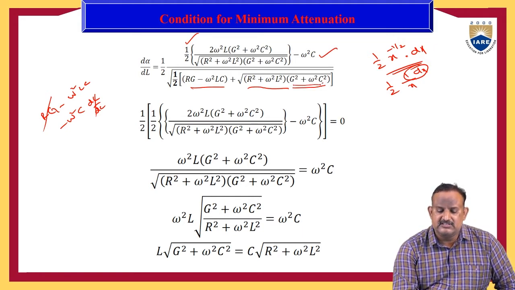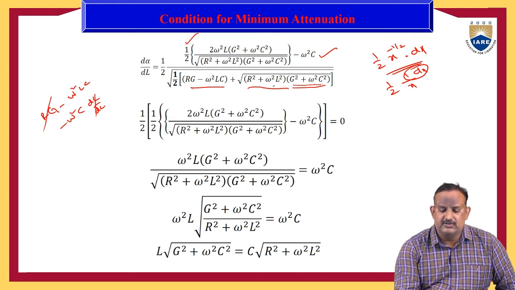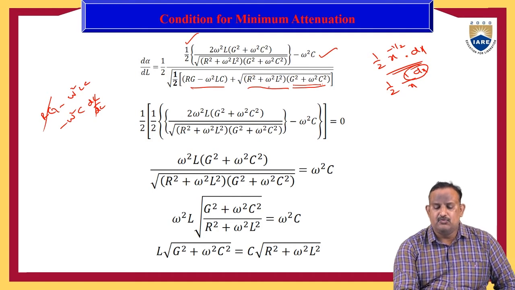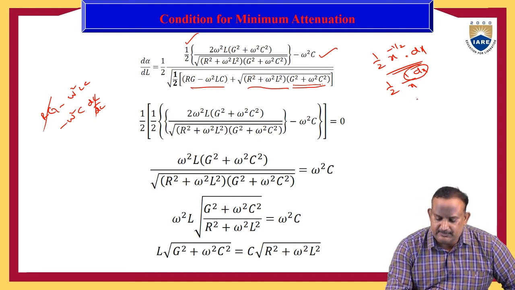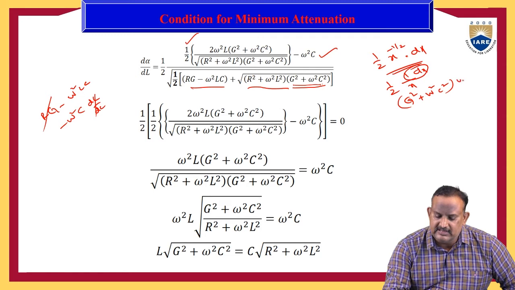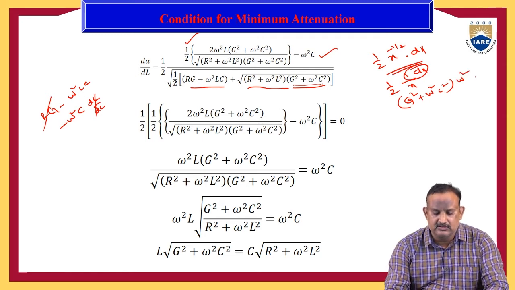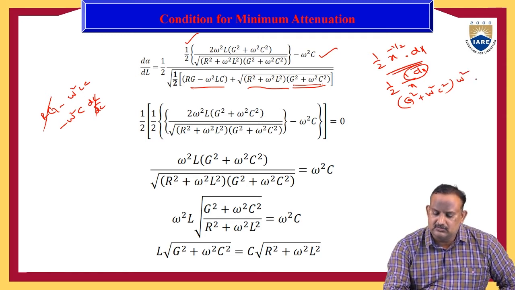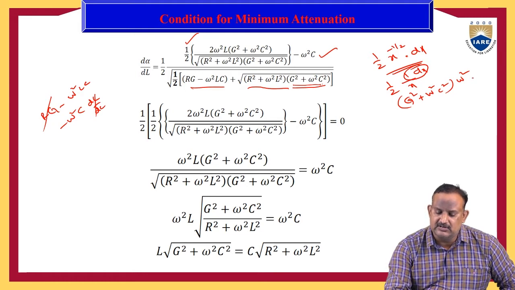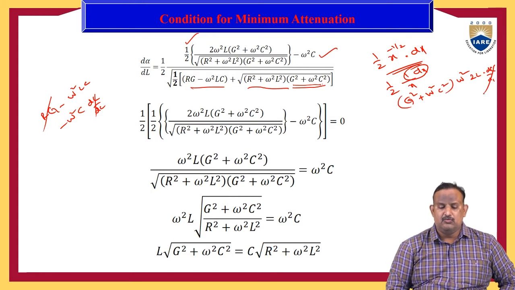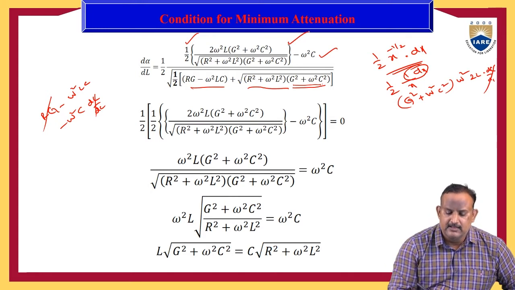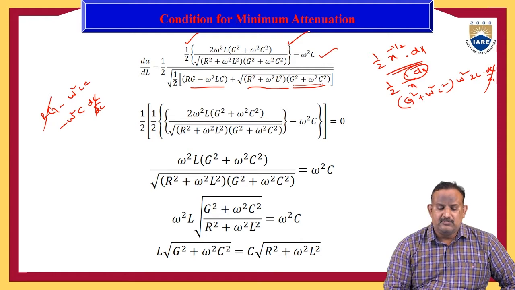Differentiating R square plus omega square L square: R square is constant, so 0, leaving omega square into L square. The differentiation of L square is 2L into dL by dL. Therefore it is 2L omega square. So here we need to equate this total equation to 0.